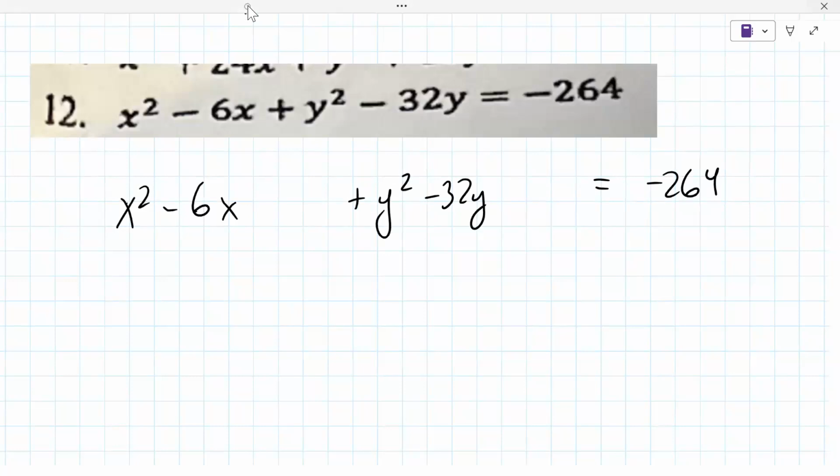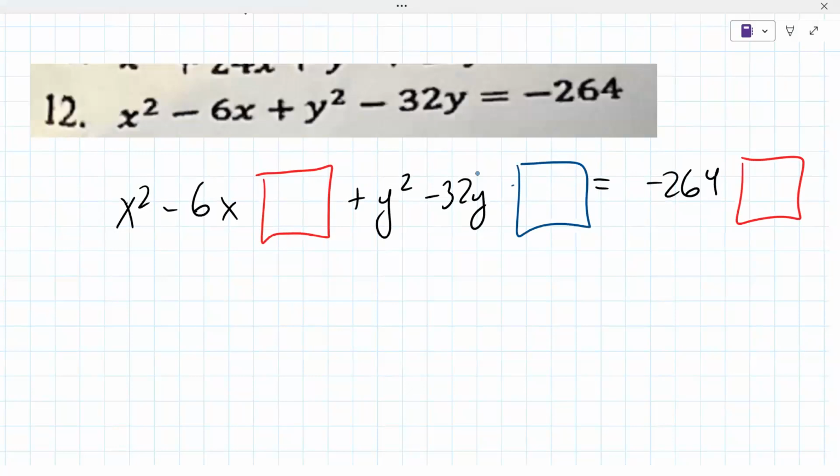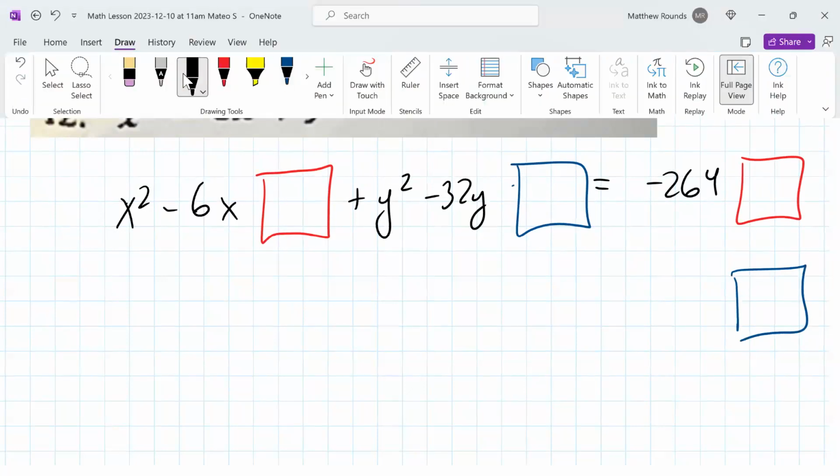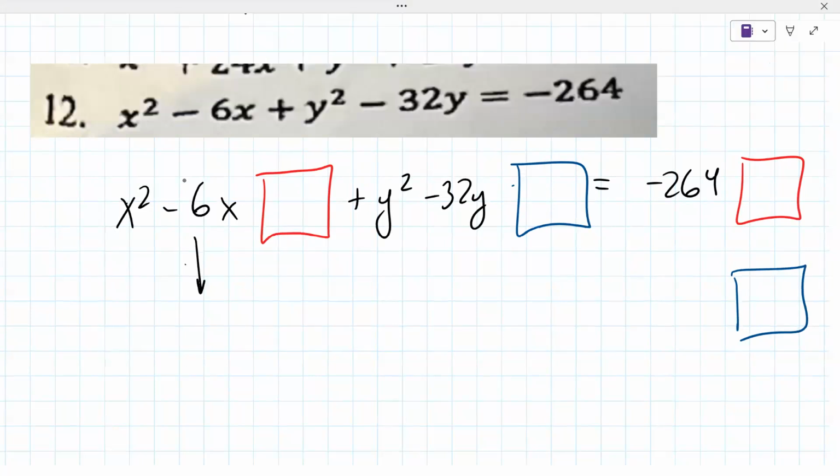Just like the previous one, we're trying to figure out what goes with the x and what goes with the y. And it's a recipe. It's like cooking or baking. So start with this middle number here. You've got to divide it by 2.